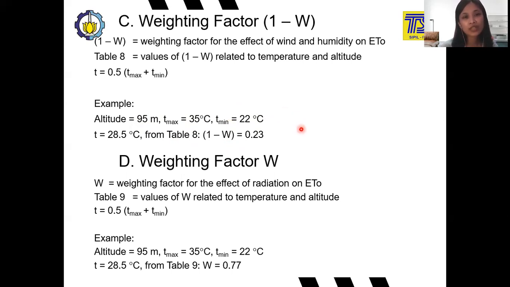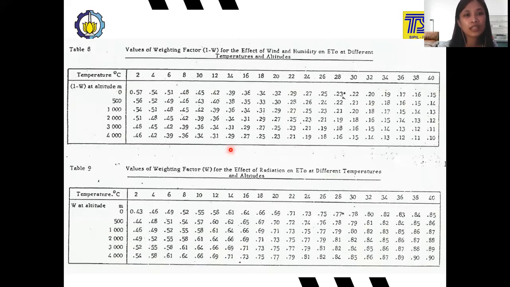Please remember that you have to average it first. After you average it, you can look for data in the table. Here we average it, and then we got the mean temperature of 28.5 degrees Celsius, and then we can look for the weighting factor in this table.